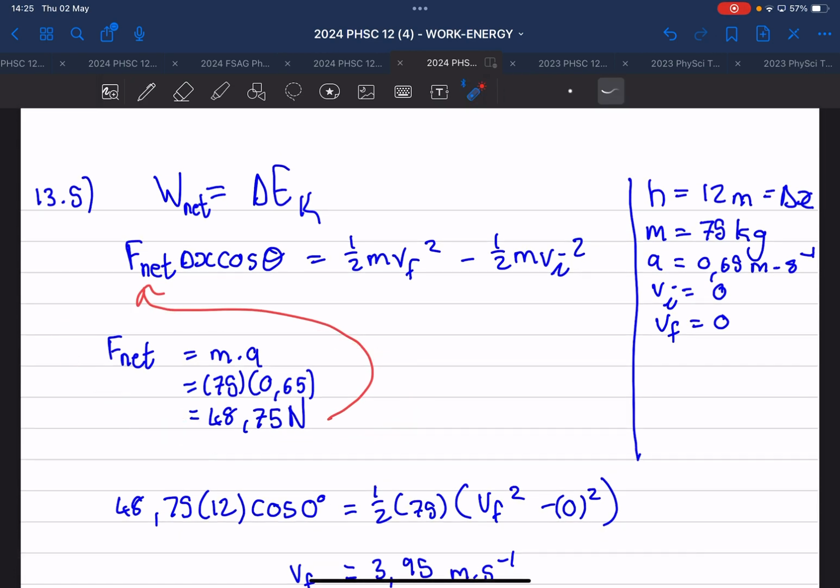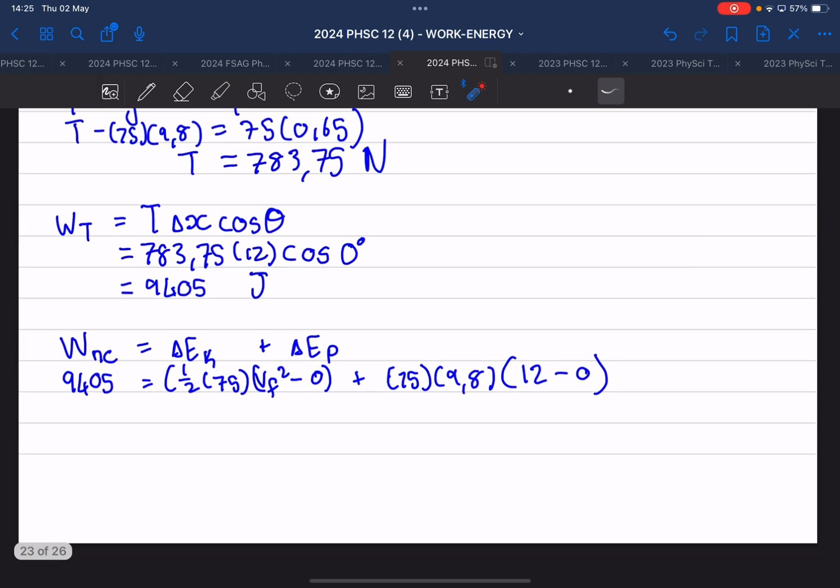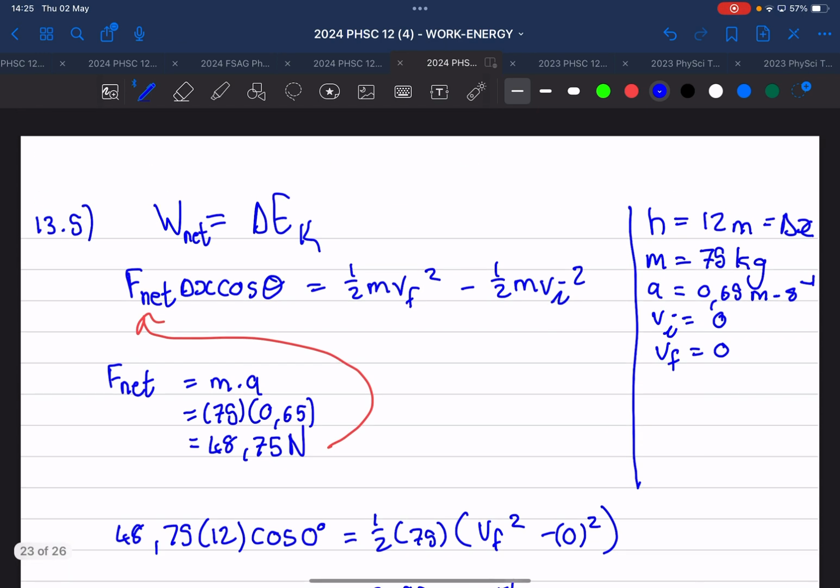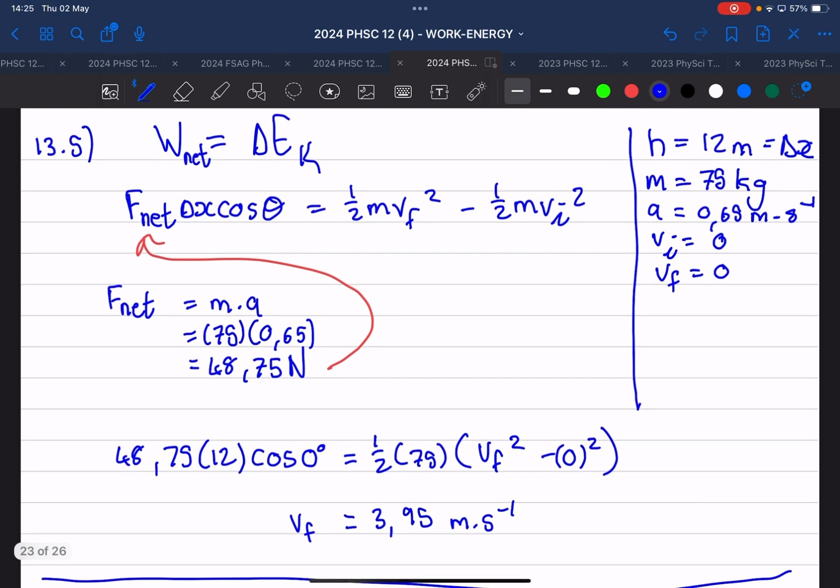So dis dan gewoonlik wanneer jy twee vergelykings gaan moet hê, waar jy jou spanning en jou versnelling bereken. Okay, and this will give us the same final velocity of 3.95 meters per second.